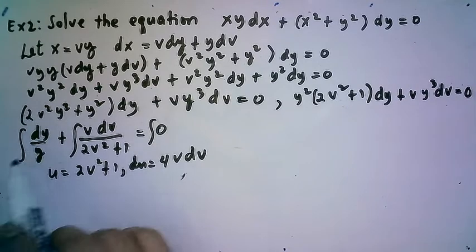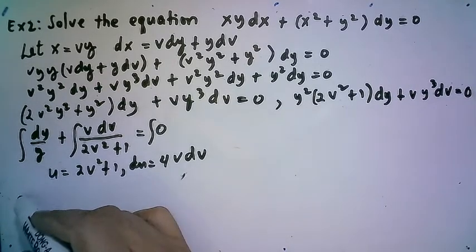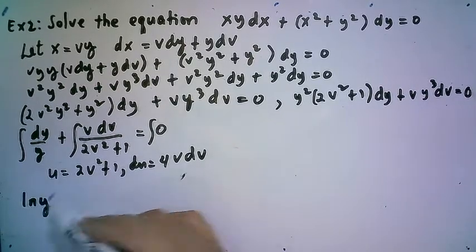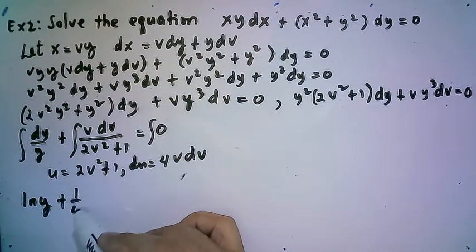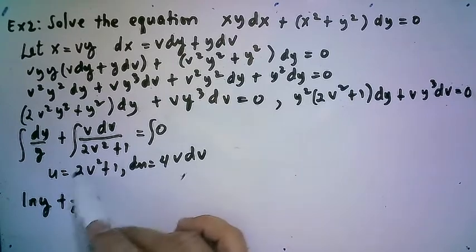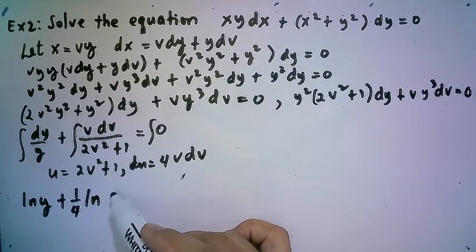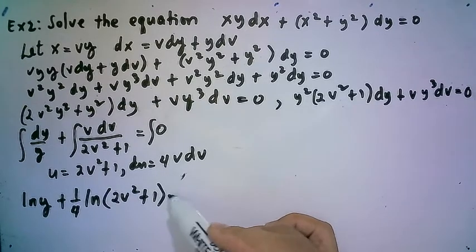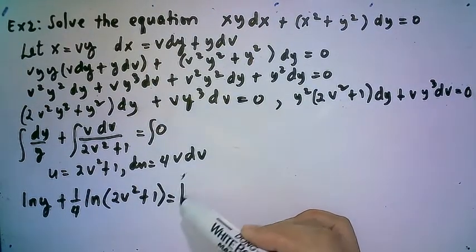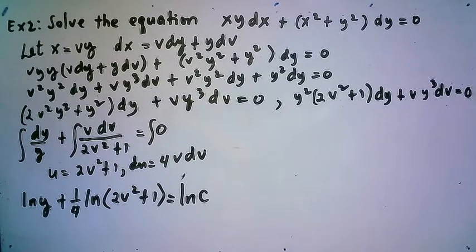So when we integrate dy over y, that is equivalent to ln of y, plus 1 over 4 ln of 2v squared plus 1, which is equal to ln of c. Now, if you have noticed, we have here 4.